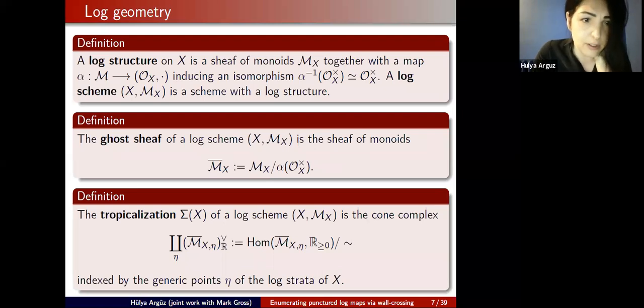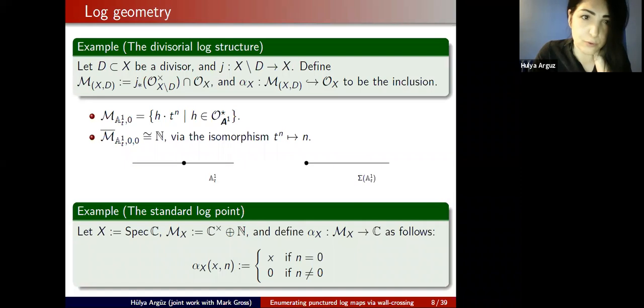Before defining the tropicalization, let me just give an example of a log structure we will be using. So in this setup of Calabi-Yau varieties, there is a natural log structure we consider. When you have a divisor D in X, you consider the complement X minus D included in X by the inclusion map J. And then you can define your sheaf as the sheaf of regular functions which are invertible away from D. And for instance, on A1, if you take the divisor given by 0, this sheaf will have stalk at 0 given by invertible functions times t to n, if t is the coordinate on A1.